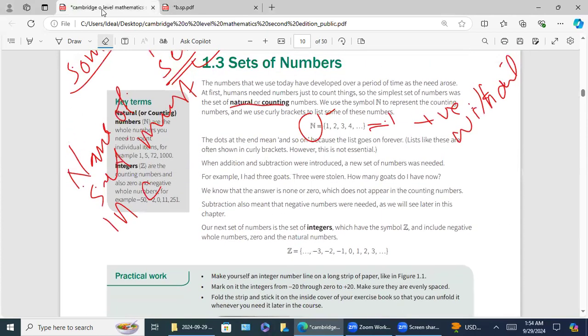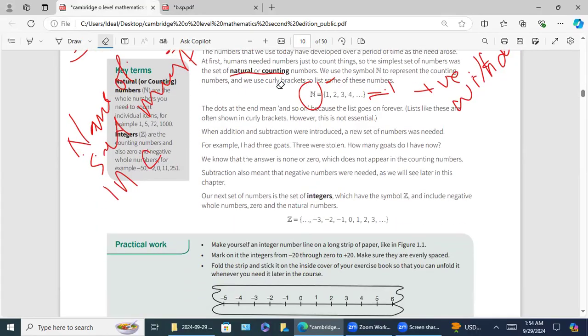Then we have to move towards another number set, which is integer. What is the integer number set? The integer number set is denoted by capital Z and curly braces.